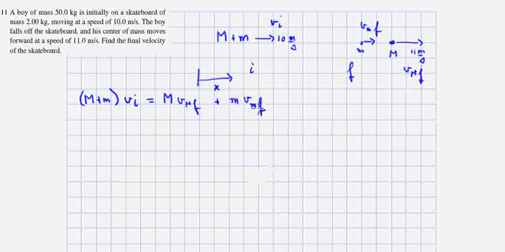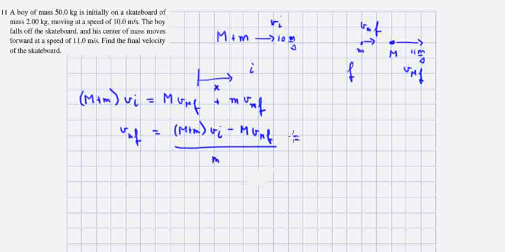Okay, so I'm going to solve that for VMF, and VMF is equal to big M plus little m times v sub I, minus big M times Vm sub f, divided by little m. And that's equal to 52 kilograms.